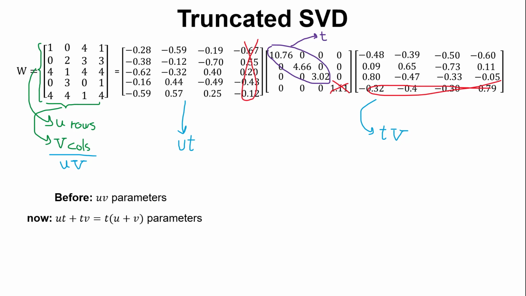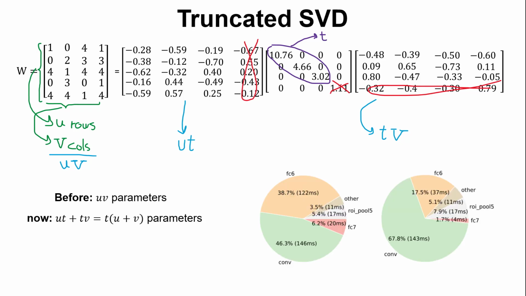And how does this help now? Well, if the selected T entries are much smaller than the size of U and V, then you can test it and see how much fewer parameters we have now for computation. According to the paper, we can see what we already saw on the left, which indicates that 45% of our runtime is because of fully connected layers FC6 and FC7.